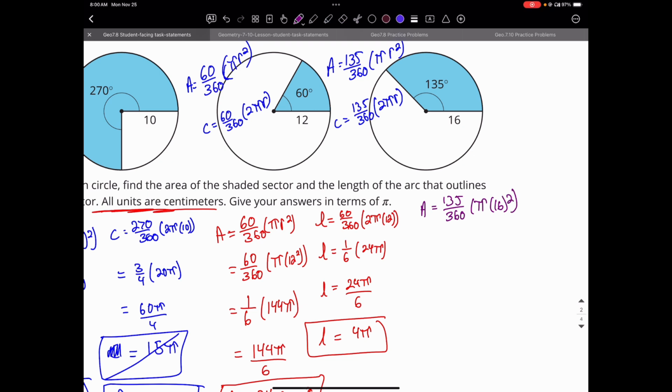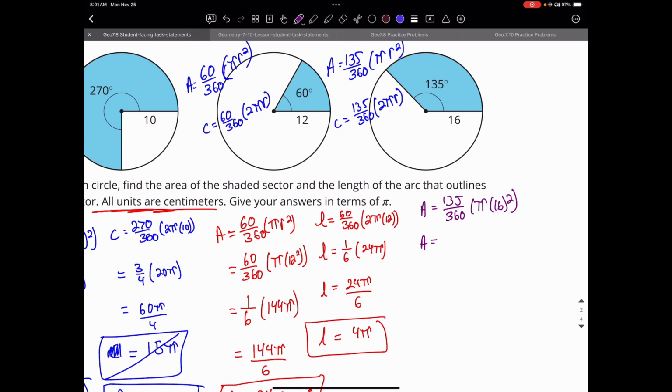Now, 135 over 360 is going to simplify also. It would take you a little bit of time to figure it out if you did the prime factorization of each one, or you simplified by numbers you know, like to start off with 5, then you would do 9, or you could do 5, then 3 again. But you would eventually see that they both have a factor of 45.